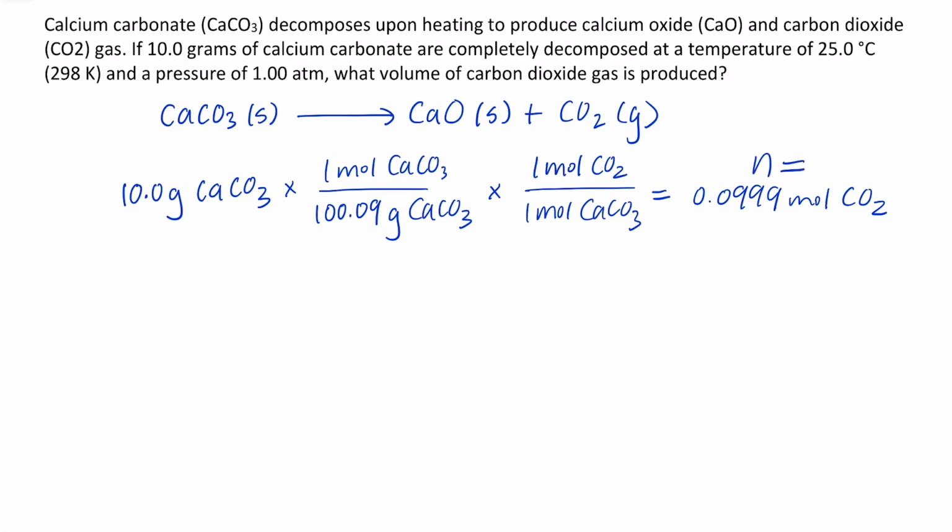Next thing is that since now we have the n as well as all the other components, 25 degrees, 298 Kelvin is the temperature, and 1 atm is the pressure.